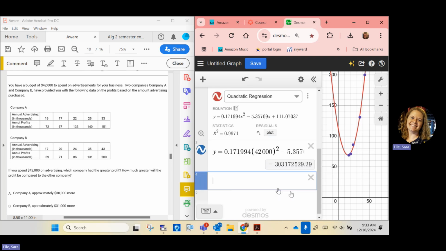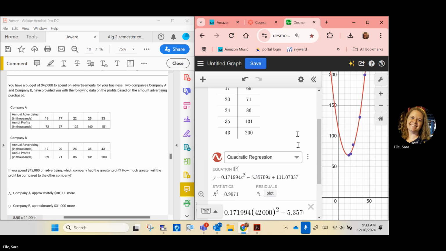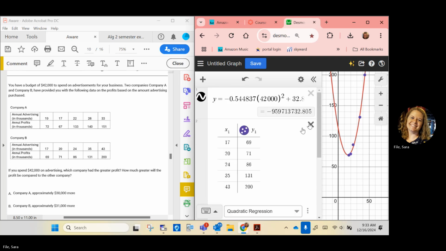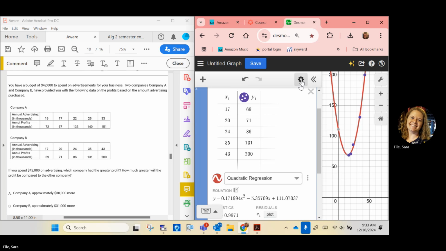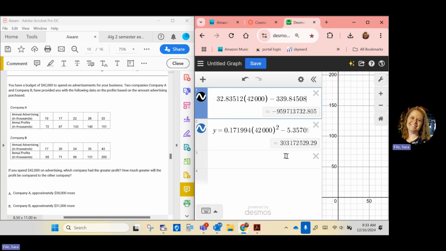Okay, so there is company B. Now it doesn't really make sense, that one came out negative. So I feel like there was maybe something wrong there.